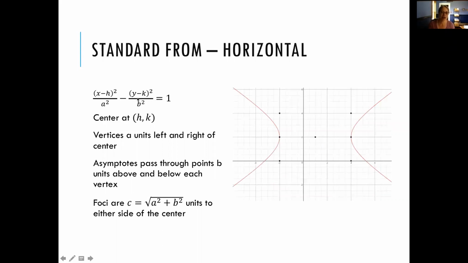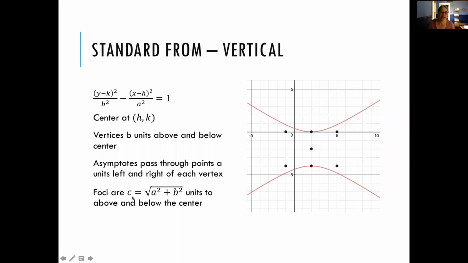If y is subtracted from x, we have a horizontal hyperbola. Notice that my distance c is defined as the square root of a squared plus b squared. And that distance c locates my foci from my center point.